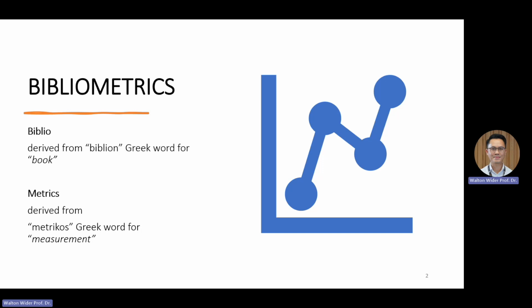So let us start by understanding some of the key terms that we will frequently use in this presentation. The term biblio is rooted in the Greek word biblion, right? Which means book.